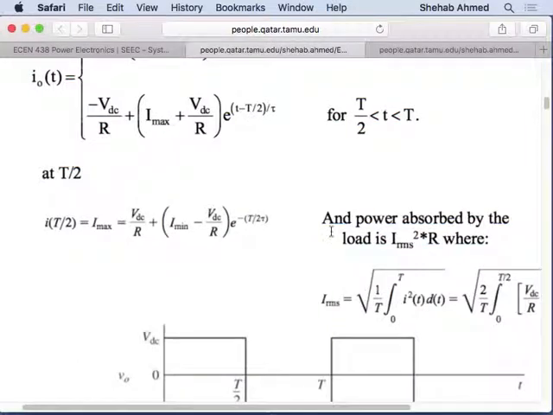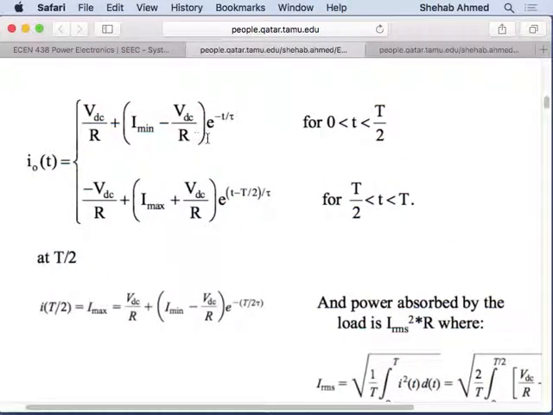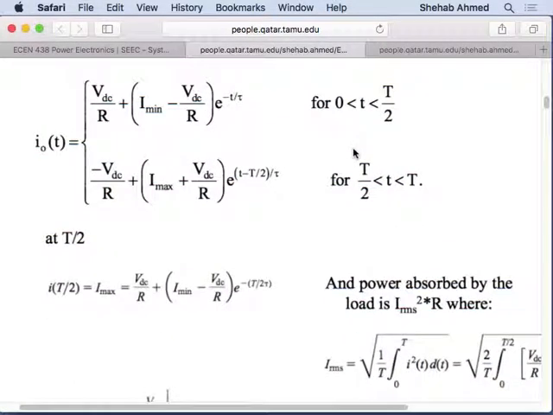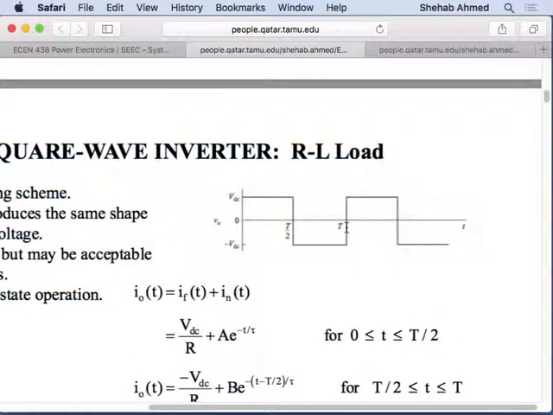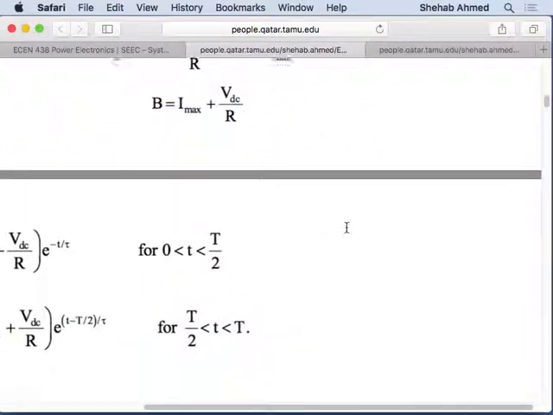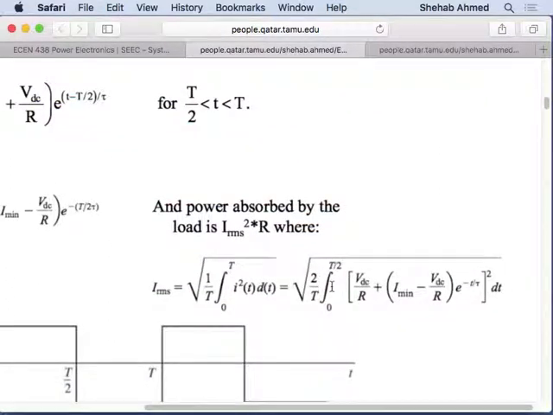So they took this equation for current from 0 to T over 2, assuming it's identical, and it is identical because we're applying a square wave. A 50% duty cycle square wave is what we're applying, right? So whatever's on top is equal to the bottom. That's why they used only half the waveform and multiplied the average value here by 2. Okay? So you can find the RMS value this way.